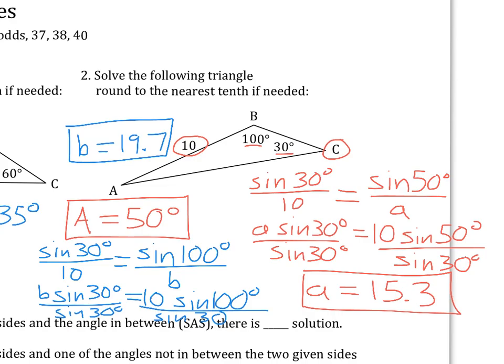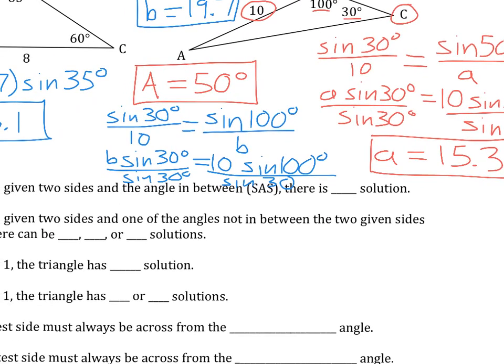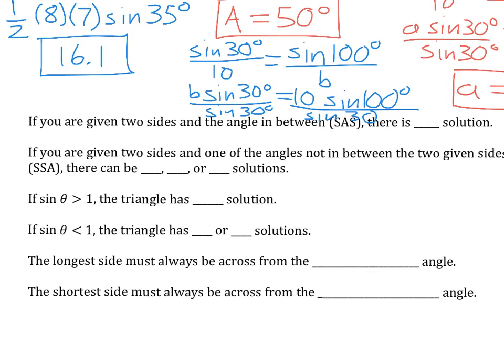Okay, so now let's get into some new stuff. Alright, first sentence. If you are given two sides and the angle in between, which is side angle side, SAS, there's going to be one solution.